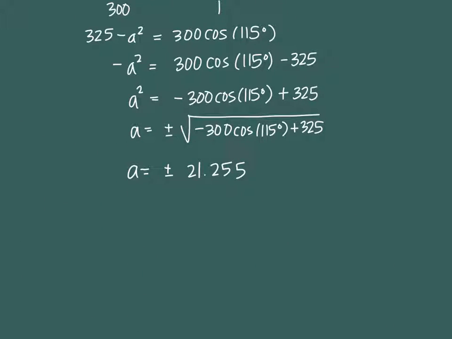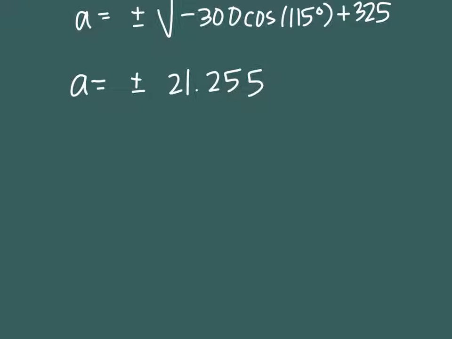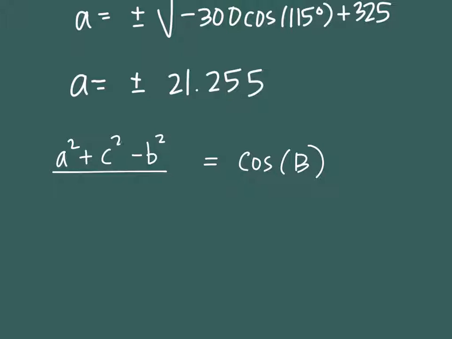So if I'm now going to do cos B, then the minus part has to be the B squared part. So it'll be A squared plus C squared minus B squared over 2AC.